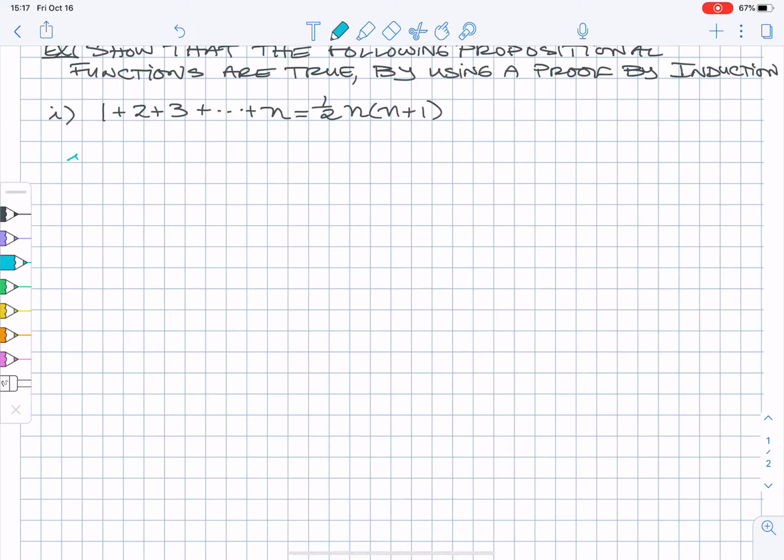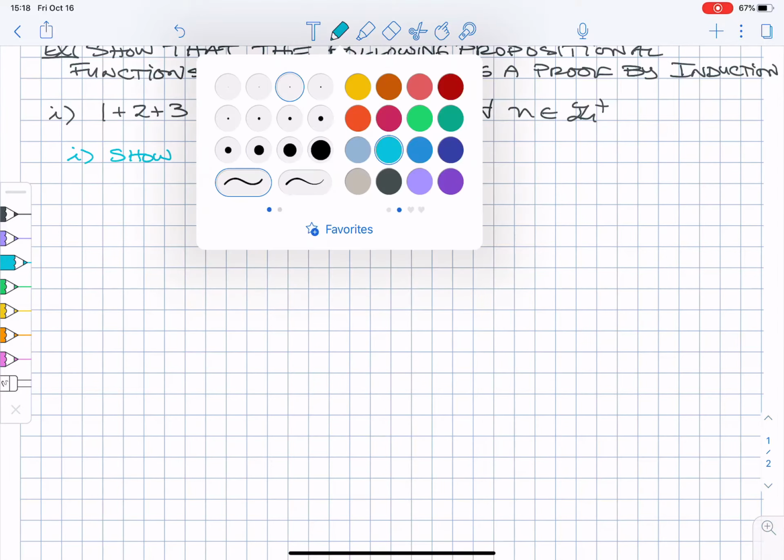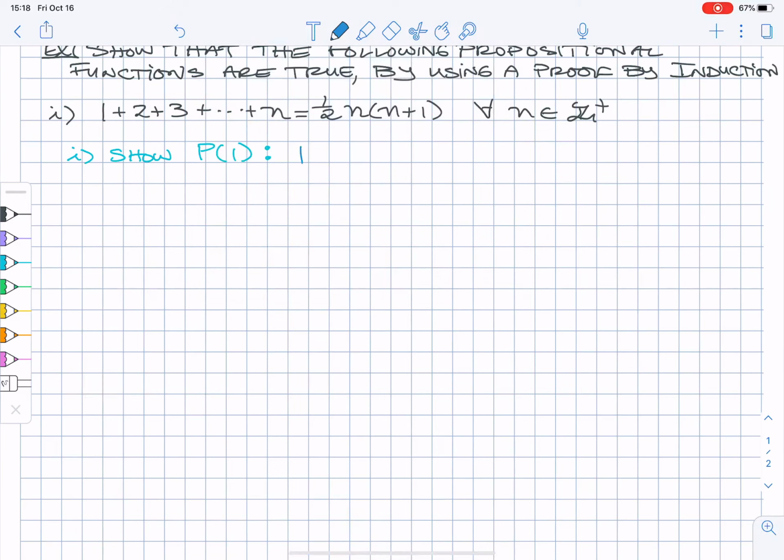So step 1, show, and this is, sorry, for all positive integers n. So show p of 1. So what is p of 1? P of 1 is going to be 1. That's where I stop because that's n.